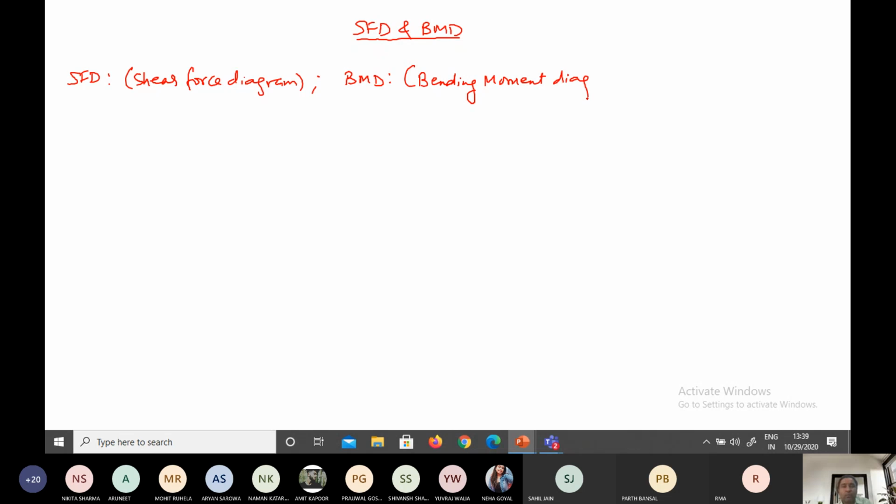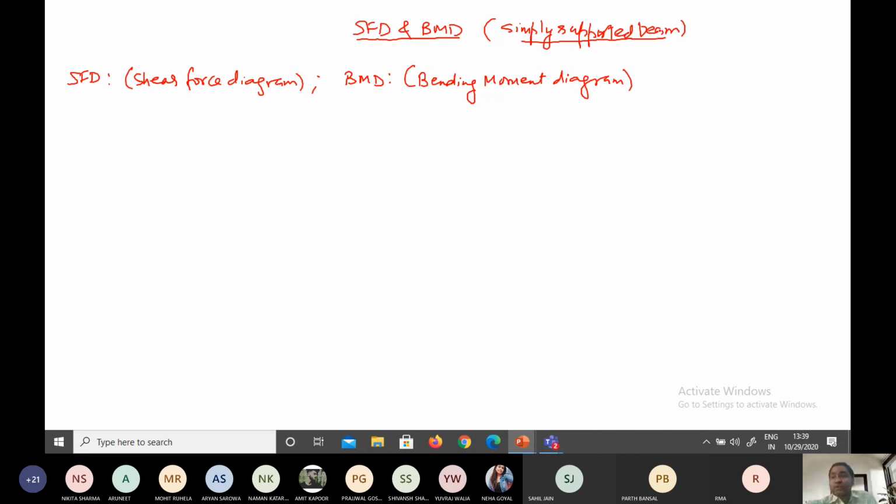So we have to do this only for simply supported beam. We will not take any other case. Just only an introduction for you. What is SFD, what is BMD, how we have to make it for the different beams. But as you are from the CSE department, we have just done the introduction part. The remaining part will be studied in detail by the mechanical engineering students.